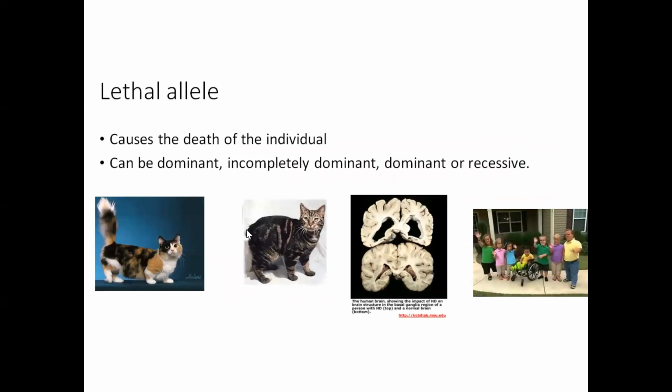Here we've got some pictures down below of lethal alleles and how they can affect these organisms. So the cause of death of the individual can be dominant, incompletely dominant, or recessive, pretty much what we've just said.